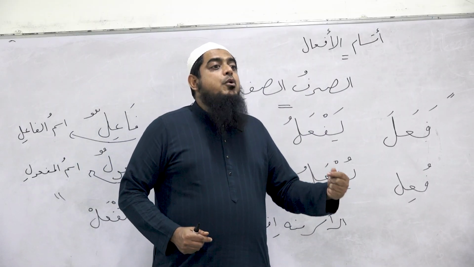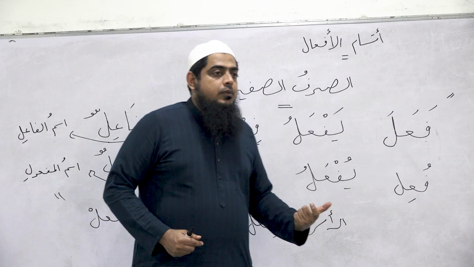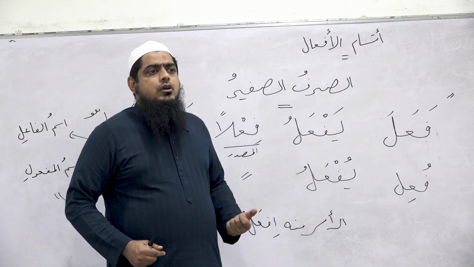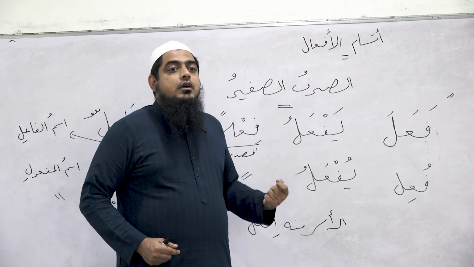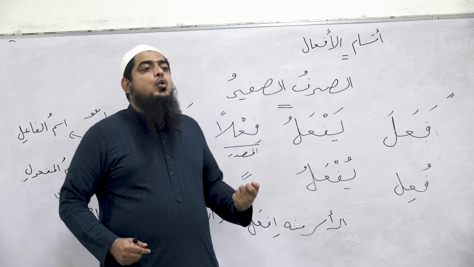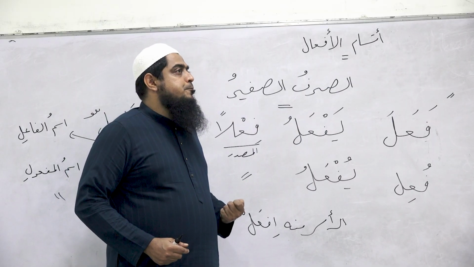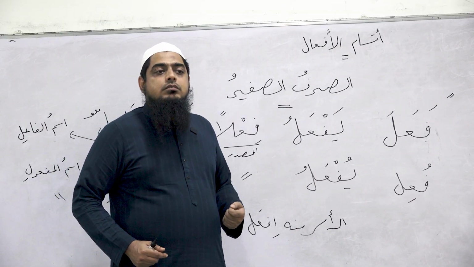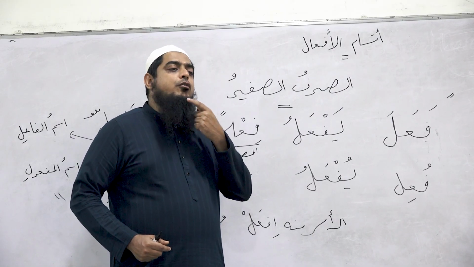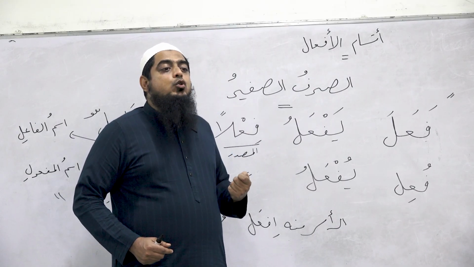What is jama'? Plural. Whenever you learn any new ism, for example, you learn kursiyun, try to learn the plural of it. Karasiyu. You learn a new word, for example, darun. Darun, meaning baytun. So what's the plural form? Go check. Darun, plural form is durun.